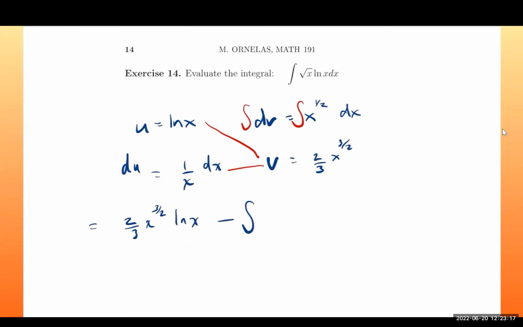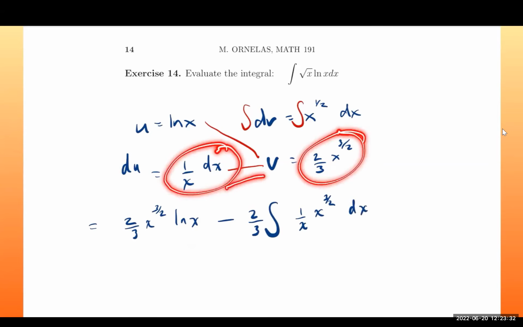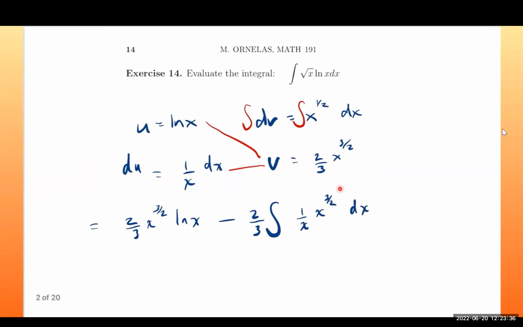I always put the constants in the front. That's just a personal preference of mine, so I'm going to do that. 2/3 integral of 1 over x times x to the 3/2 dx. So that's this times this is all there. And the constant, I moved it to the front of the integral.